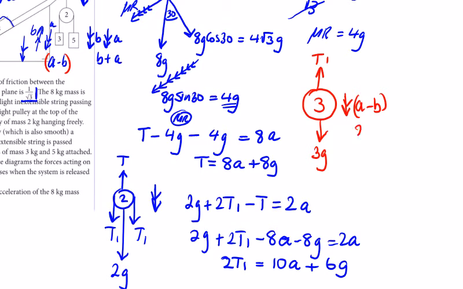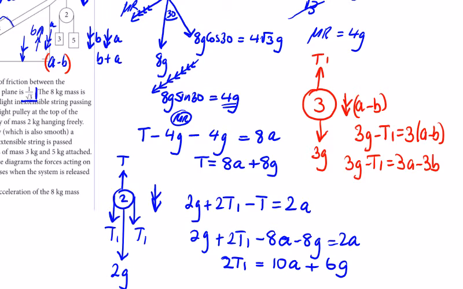So we're going to say 3G minus T1 is equal to M times A. So 3G minus T1 is equal to 3A minus 3B. I just have my 5 left.